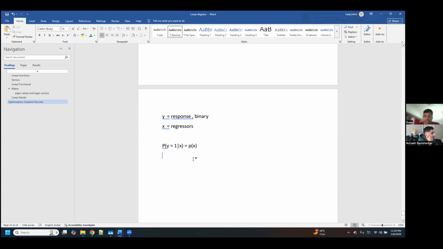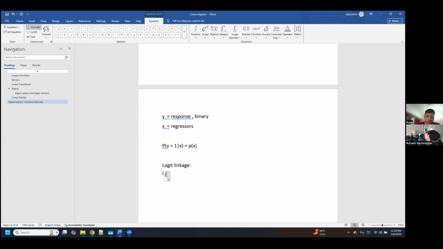And then my logit linkage is telling me that log of P over 1 minus P is x beta plus, that's it.